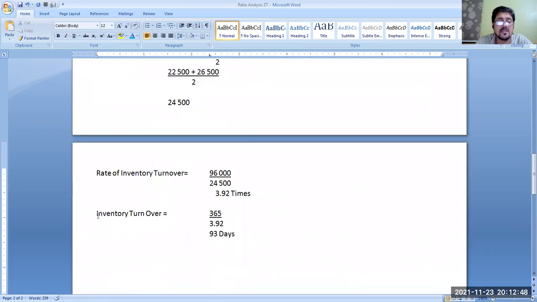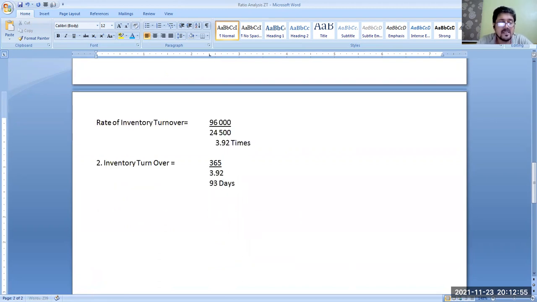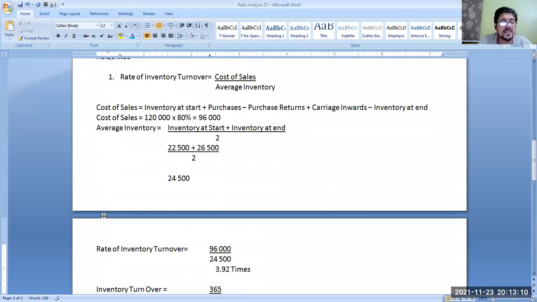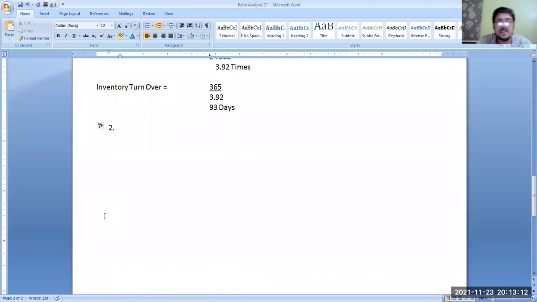So number 1 was the rate of inventory turnover and inventory turnover in days.